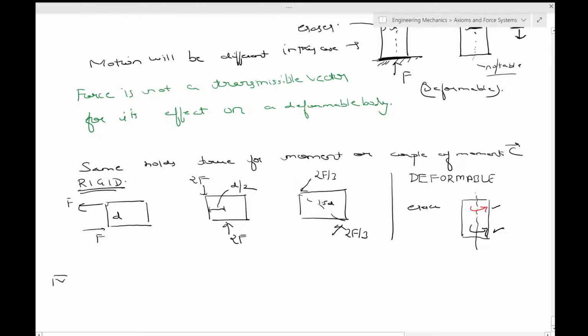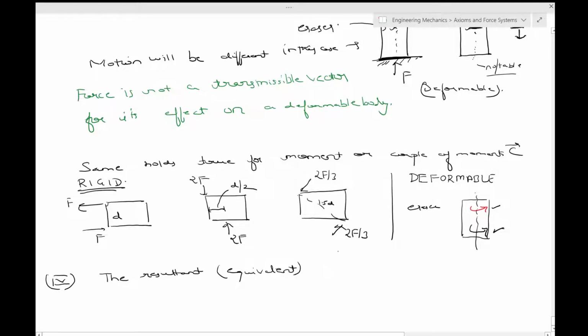Let's take up the fourth point. The resultant, which is actually the equivalent. We call a resultant an equivalent when it is simpler than what is given.